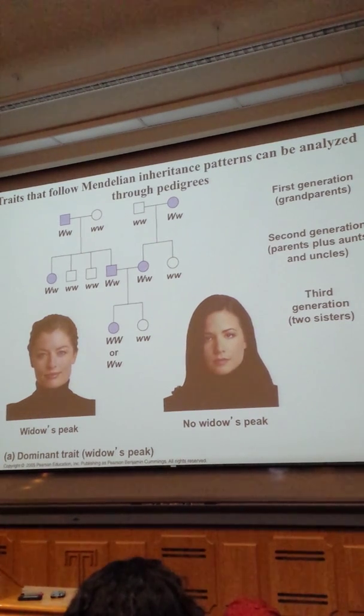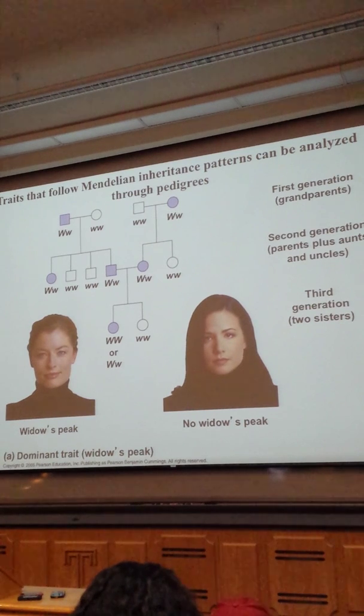So always there's a biochemical basis for all of this. In the case of widow's peak formation, what you're looking at really is development of hair follicles out onto the forehead during fetal development.